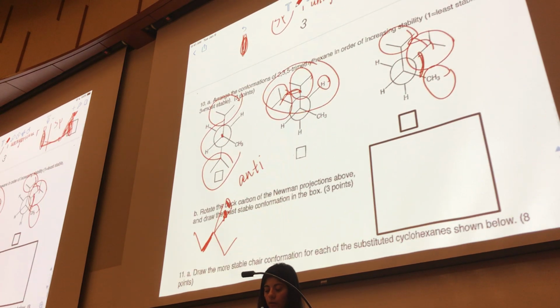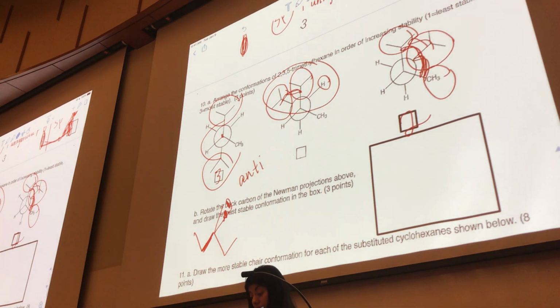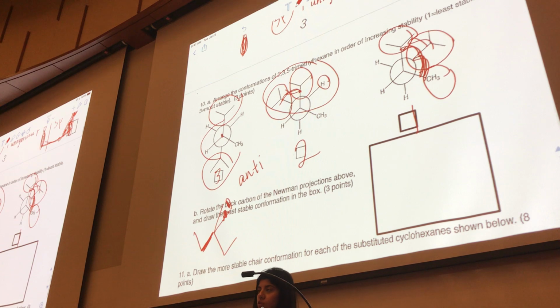So right away, my bulkiest groups on the furthest left one are anti from one another, so I'm going to put that as 3. And then right here, I have how many gauche interactions? 2 gauche interactions, that's going to put it as 1. Sorry. And then this is going to be number 2, because there's only 1 gauche interaction. Does that make sense? Any questions?